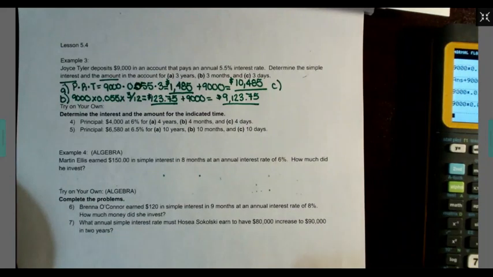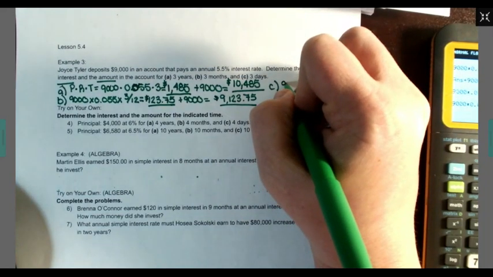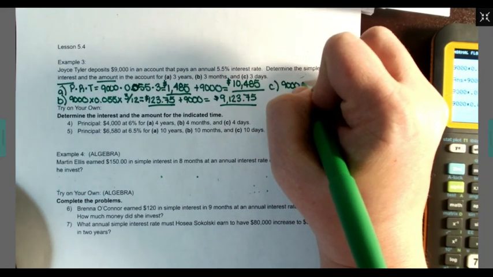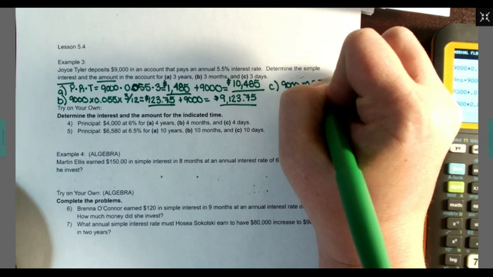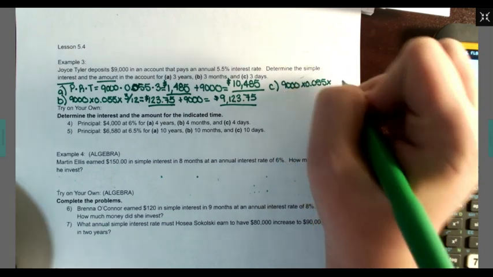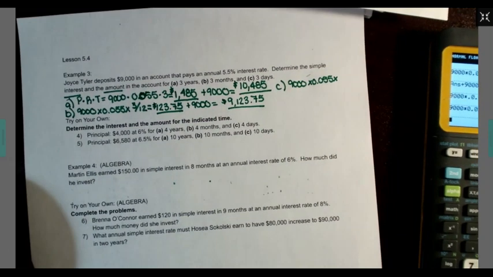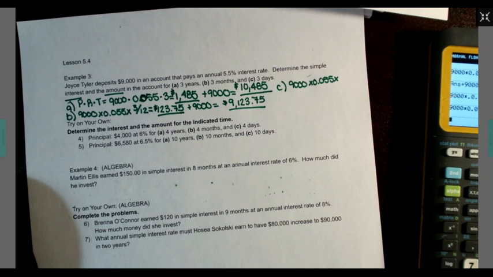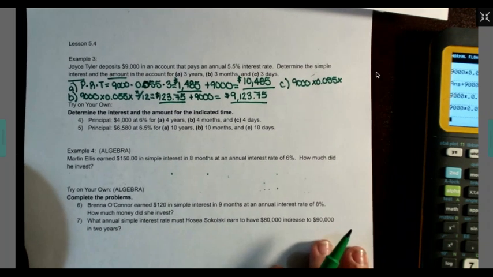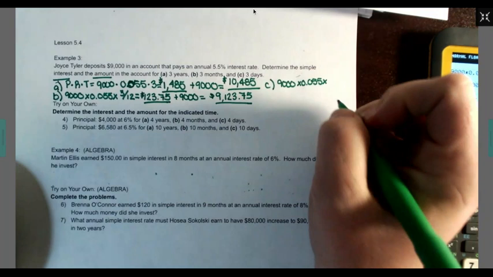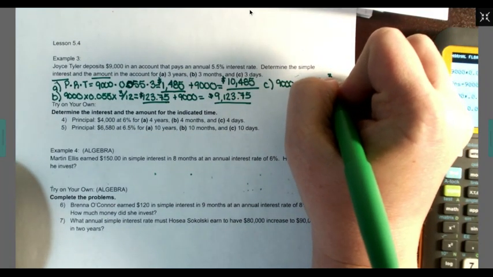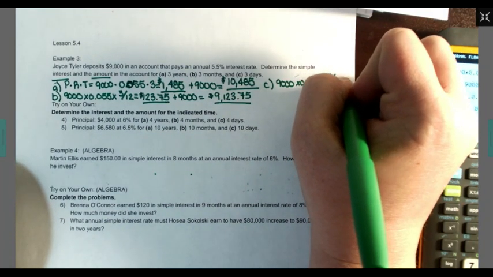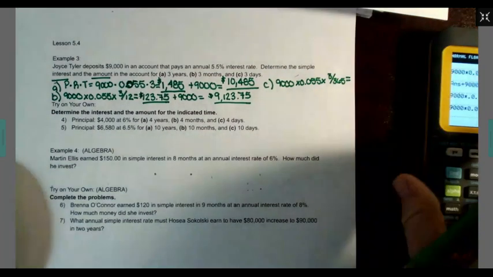C says we're only leaving it in there 3 days. So we're going to do 9,000 times 0.055. There are 365 days in a year. So we're going to do 0.055 times 3 over 365.